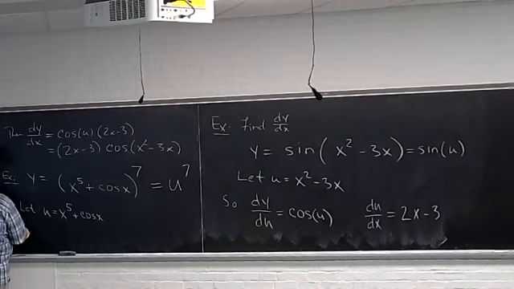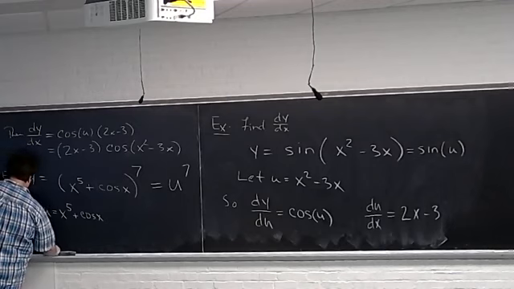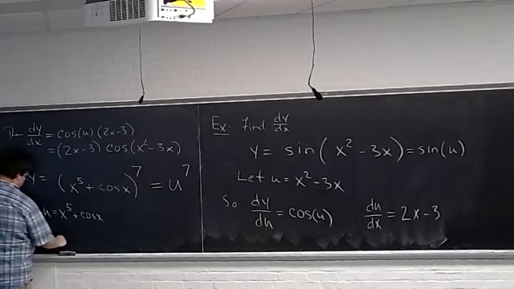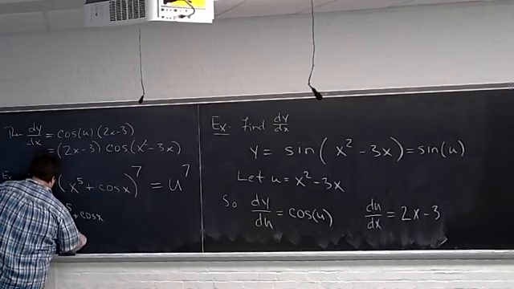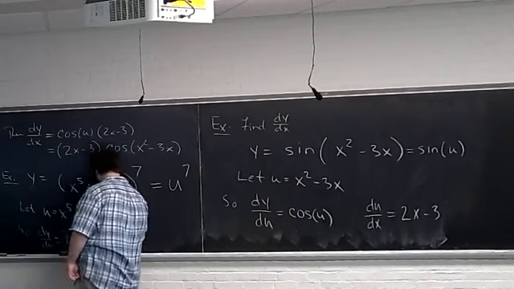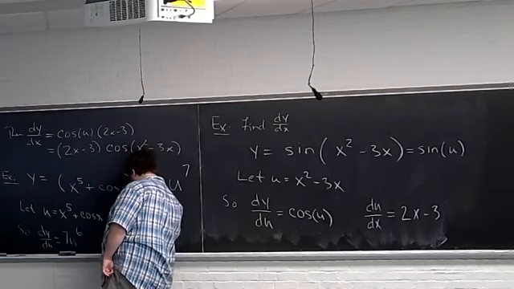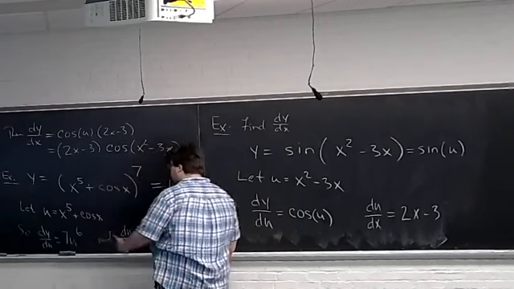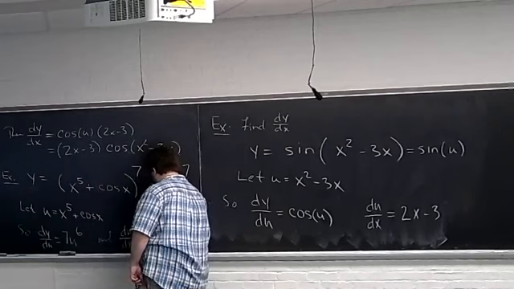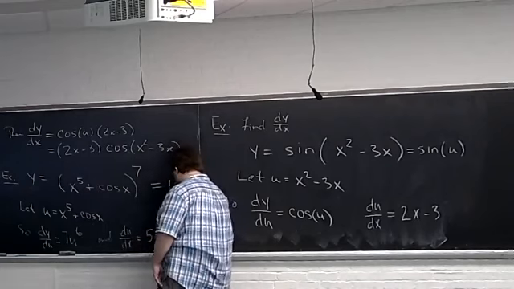So what is dy du? Well, it's u to the 7th, so derivative of that with respect to u, power rule, 7u to the 6th. And what's du dx? Well, 2 pieces, derivative 1 by 1. Power rule on x to the 5th, 5x to the 4th. Derivative of cosine, remember, is negative sine.